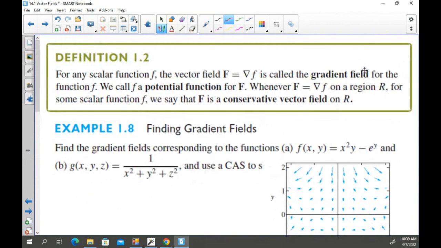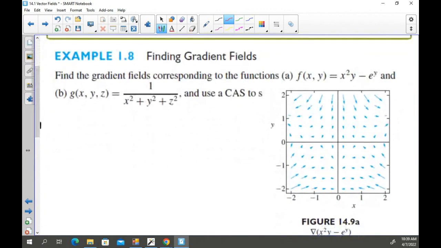All right. Now, for any scalar function f, the vector field given by the gradient of f is called the gradient field for the function f. Okay. So the gradient field, so you have a function here, for example, f of xy, which is x squared y minus e to the y.